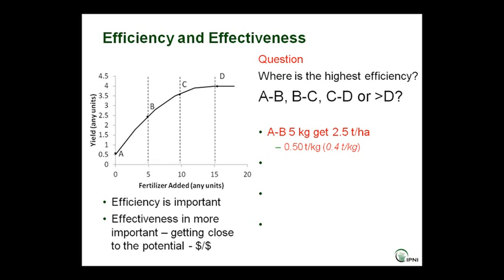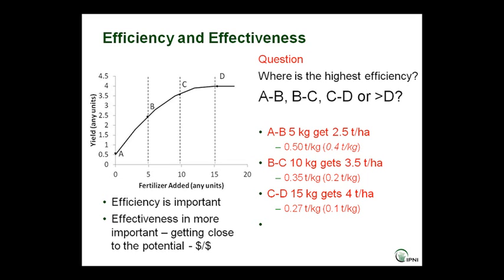That's a use efficiency. As you go from B to C, that's extra 5 kilograms, only gets you to 3.5 tonnes, so that's 3.5 tonnes per kilogram, or 0.2 tonnes on a marginal return, and so on. C to D, 15 kilograms, 4 tonne per hectare. And then above D, you get 20 kilograms, you get 4 tonnes per hectare, you don't get any more.